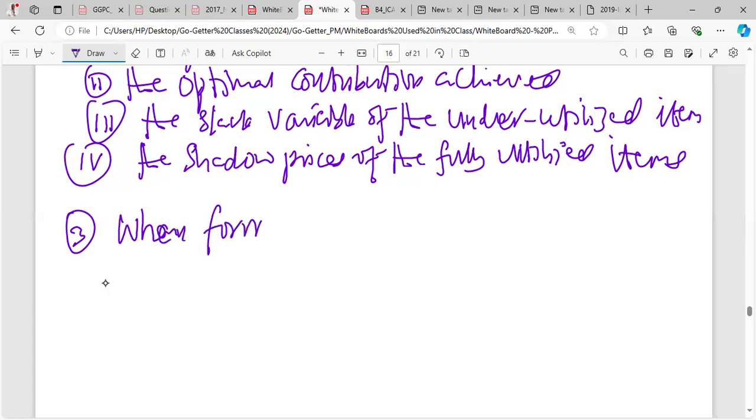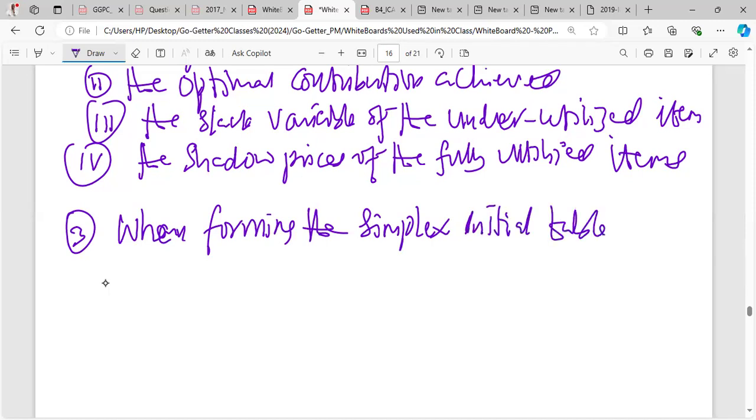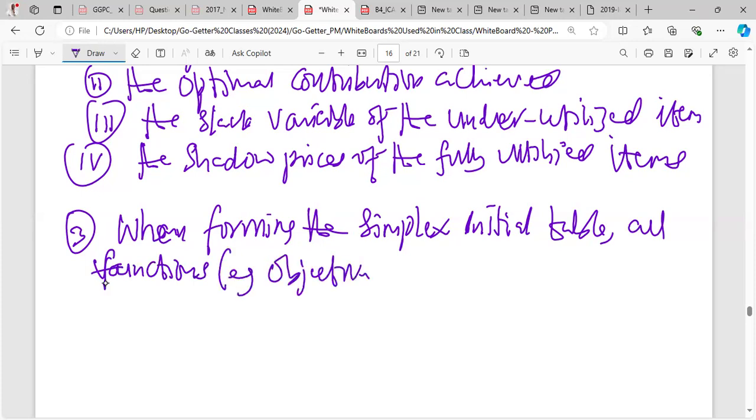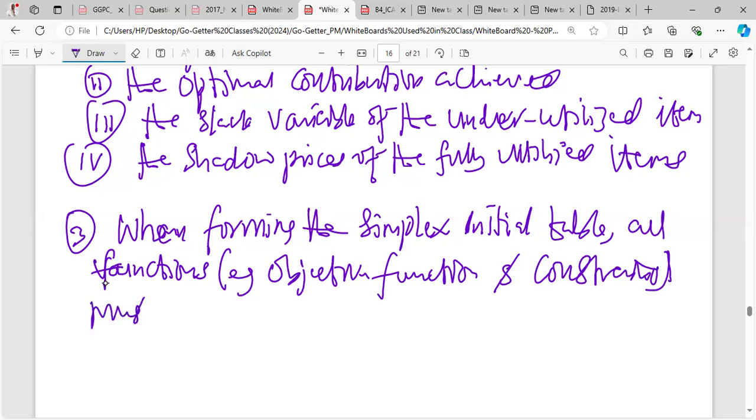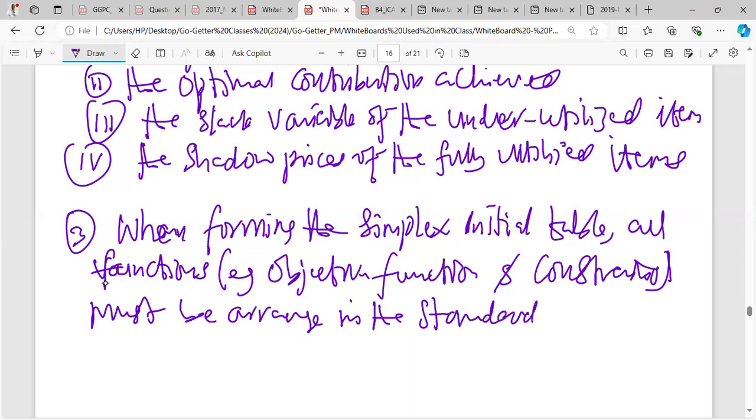And the third thing here is that when forming the simplex initial table, all functions, e.g., objective function and constraints, must be arranged in the standard form, standard matrix form.